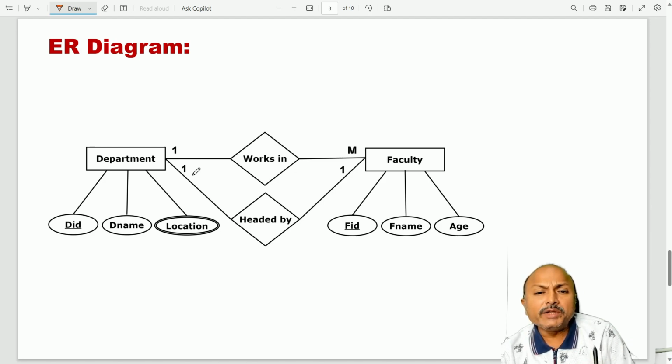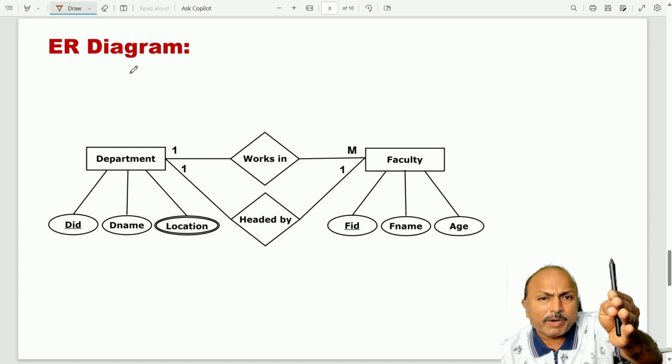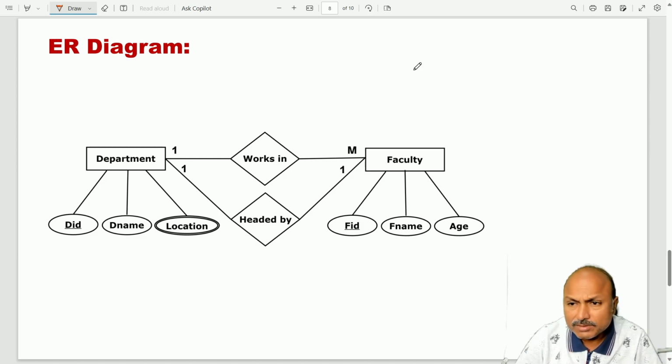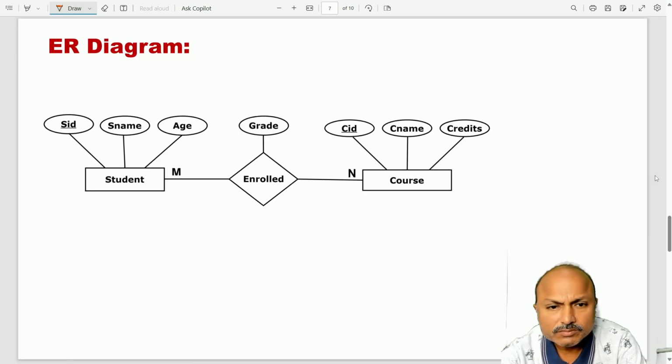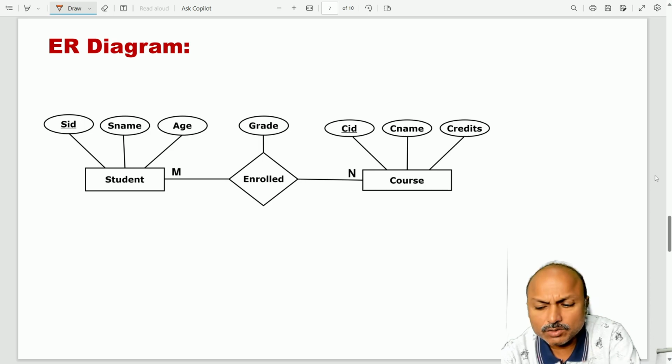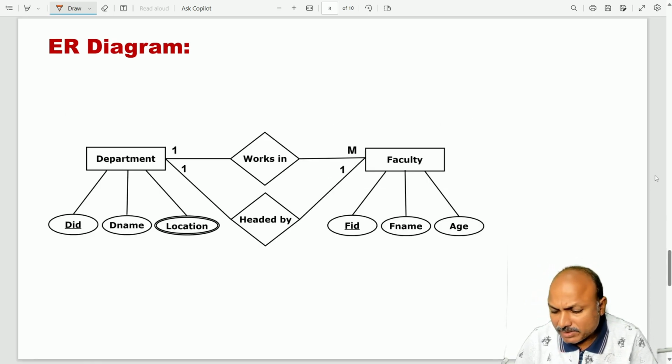Then we are going to see the full ER diagram. We have student and course, and we need to give a connection between student, department and course. Consider the top part of the ER diagram: student is one entity, course is another entity, and department is one entity and faculty another entity.